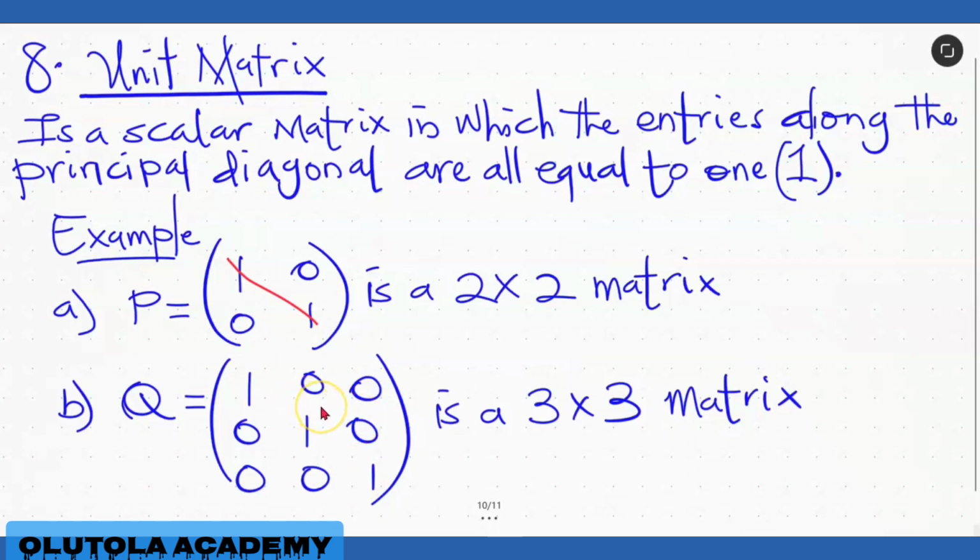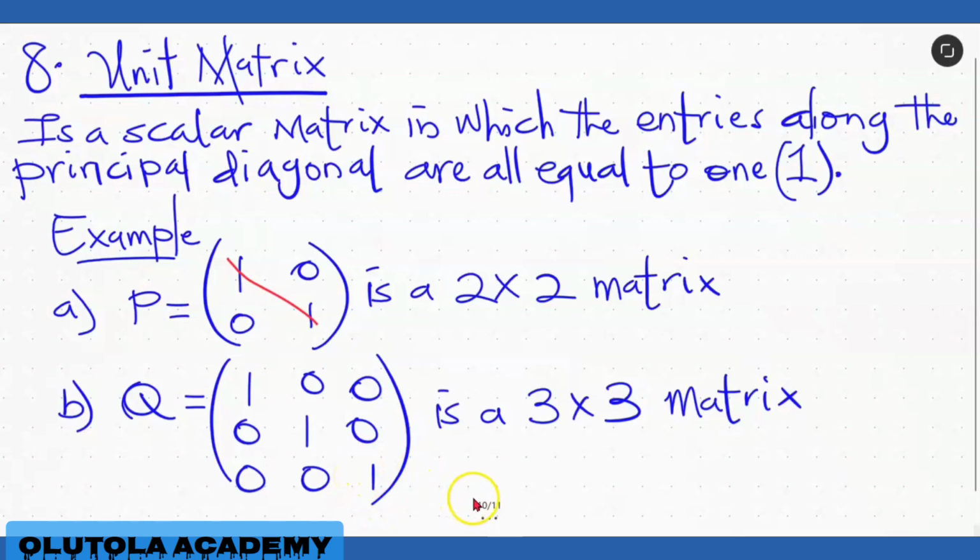So this is a 3 by 3 unit matrix. I will at this point say the difference between a scalar matrix and a unit matrix is that for a unit matrix, the element along the principal diagonal is 1, while for a scalar matrix it is any other number apart from 1, but not 0.